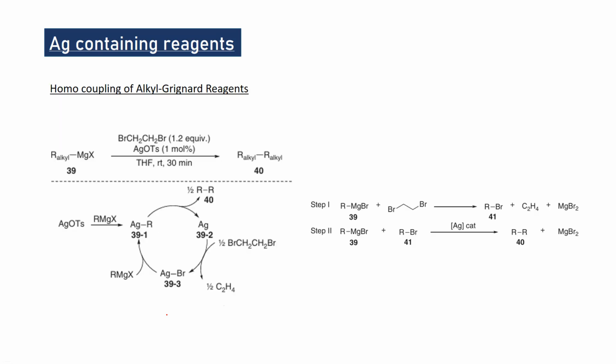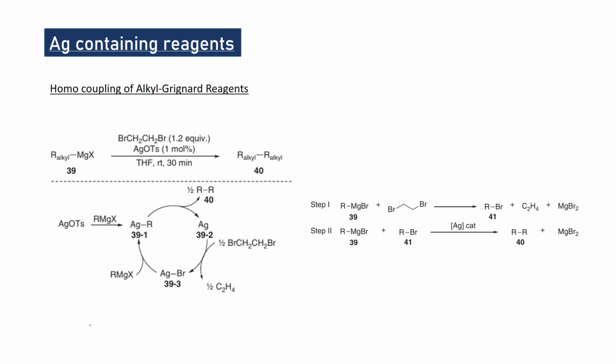Silver catalyst can also be used for homocoupling of alkyl Grignard reagent. Here if we add this dibromo compound to this Grignard reagent, we can generate the homocoupling of this Grignard reagent. The mechanism is like this, where the Grignard undergoes a transmetallation type of reaction with this silver catalyst.